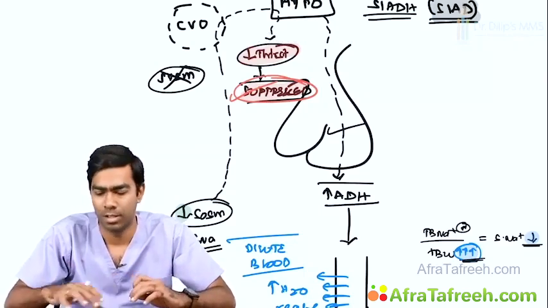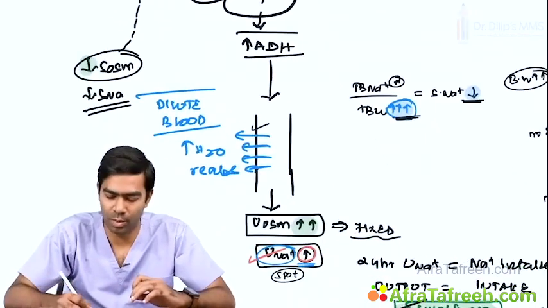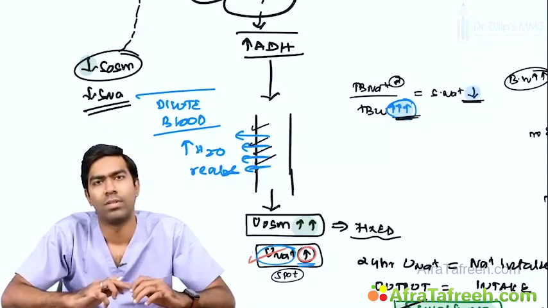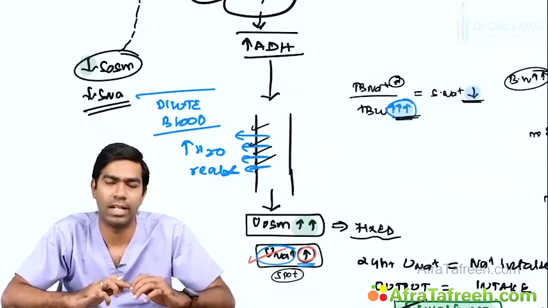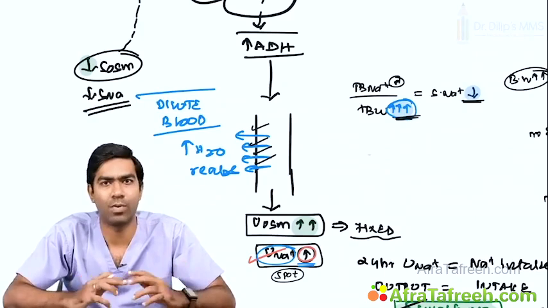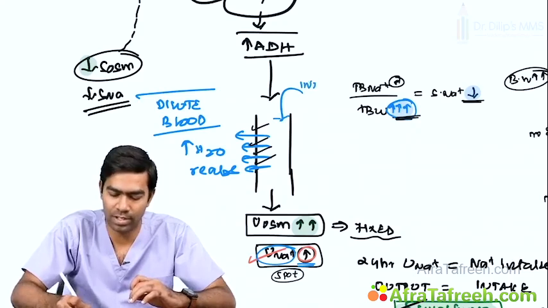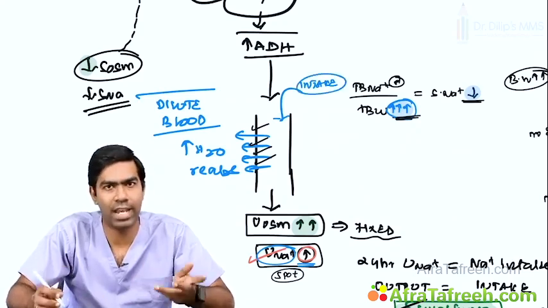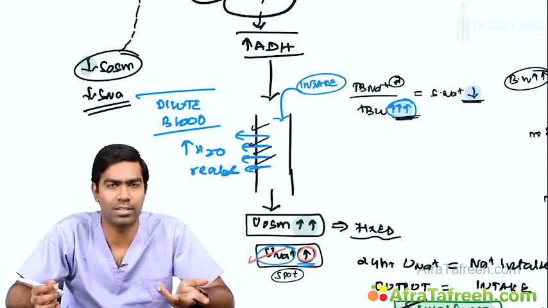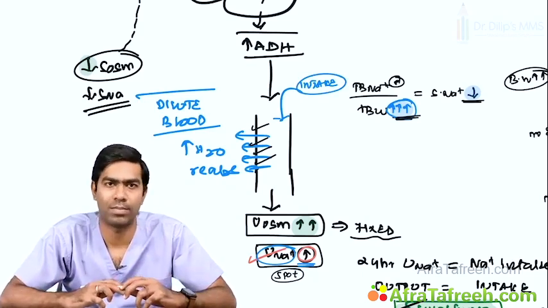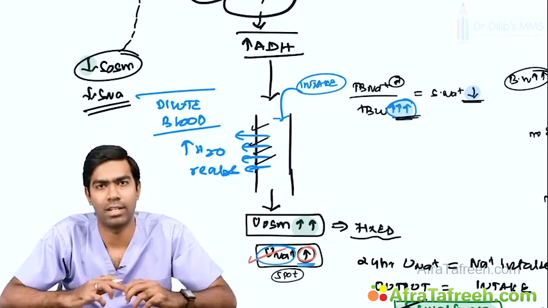Why? Because you know the problem in SIADH is more absorption of water from the kidneys. But where is this water coming from? This water can be filtered only if you take sufficient water. Only if you take water, you will filter this excess water in the plasma, in the kidney.